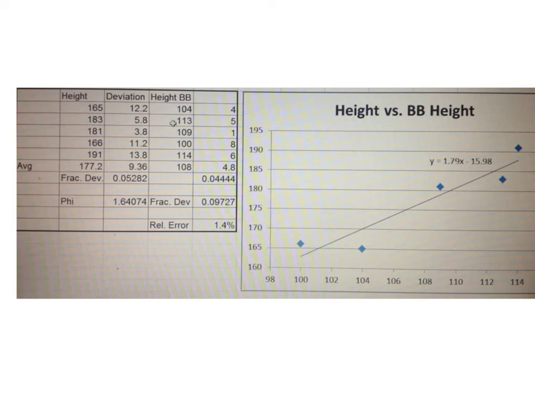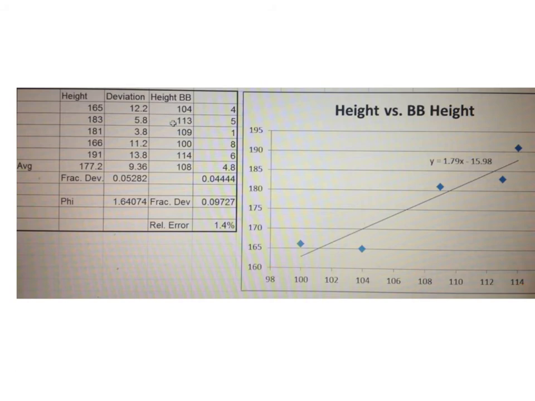So here's 104. 104 corresponds to a height of 165. So we look at this: going out is 104, going up is 165. And notice also we're starting at 160. We're not starting at 0. So don't feel compelled that you must start at 0. You can start at whatever number you want to, and you want to make sure you use as much of your graph paper as possible.